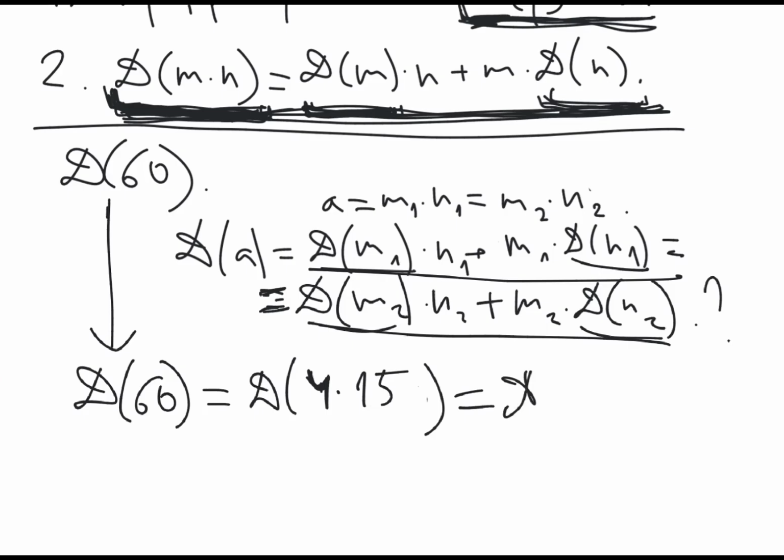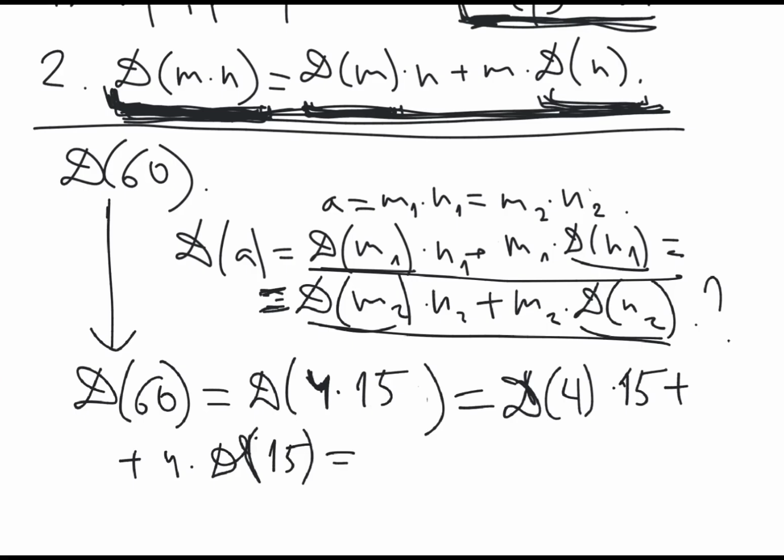So d of 4 multiplied by 15 can be represented as d of 4 multiplied by 15 plus 4 multiplied by d of 15.